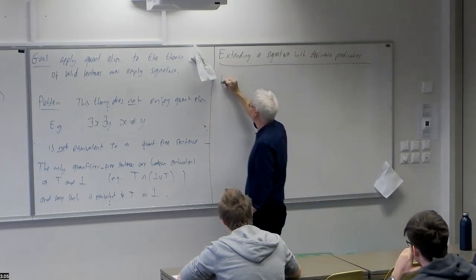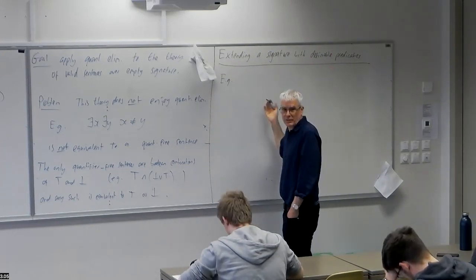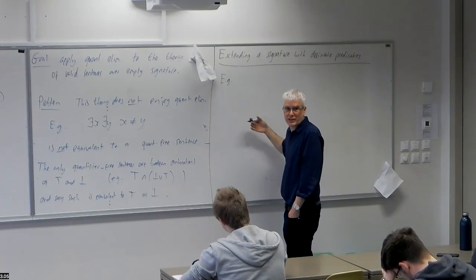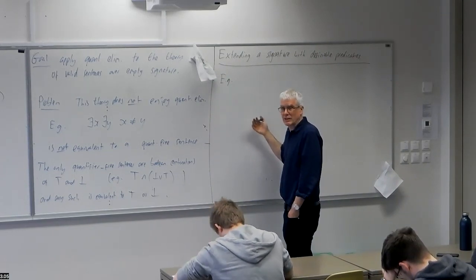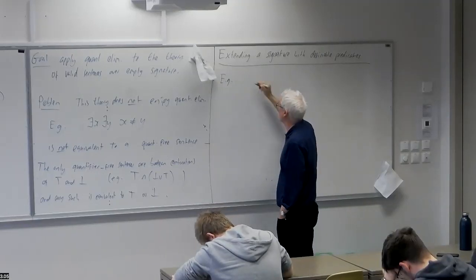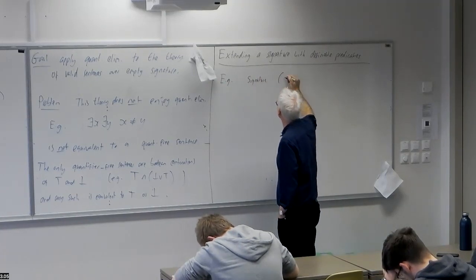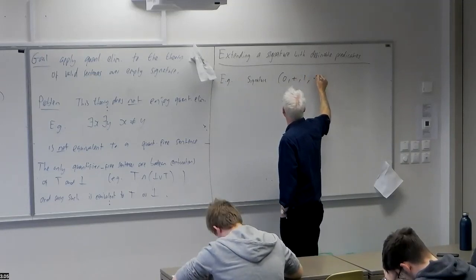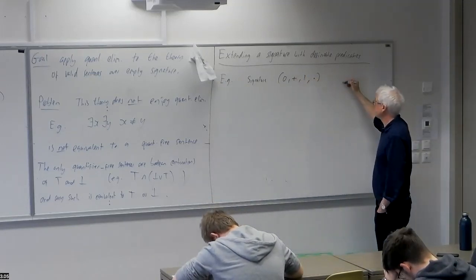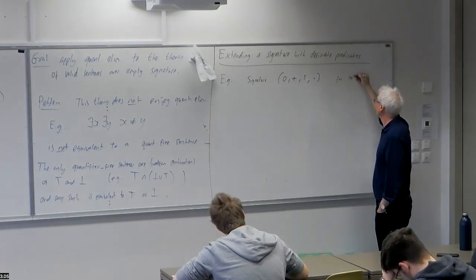So let's consider an example from the first lecture, the signature for the natural numbers with 0, plus, 1 and times, addition and multiplication.